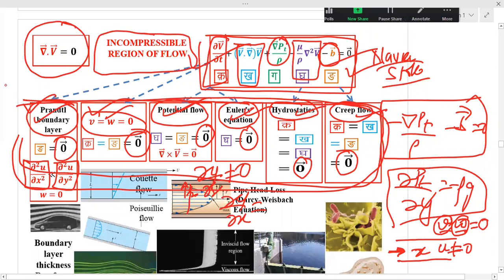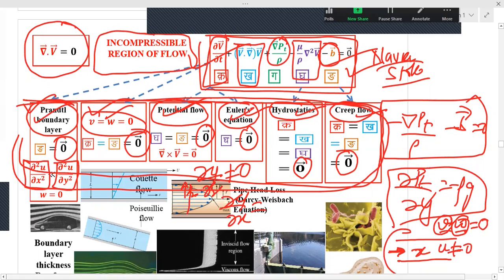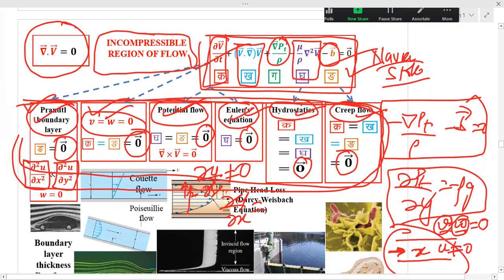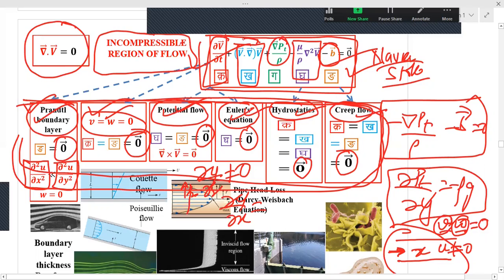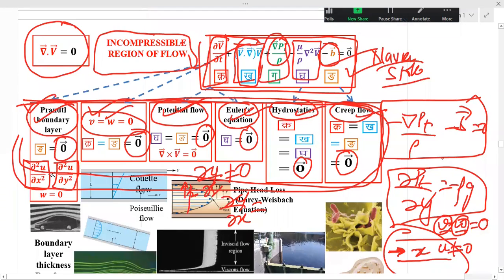Now, which term is to be neglected? It could be actually identified simply by common sense in certain simple cases, like you could identify in a pipe flow. But in many instances, that common sense does not work. So you need to devise a method which you will follow to find out which terms could you neglect.